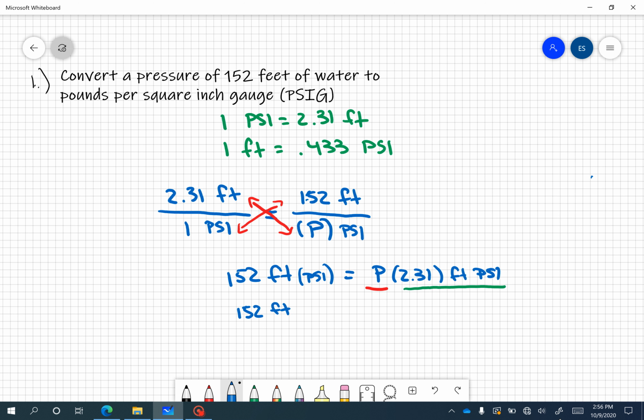Okay, so we can rewrite it like this. 152 feet times PSI over 2.31 feet times PSI equals P times 2.31 divided by 2.31.